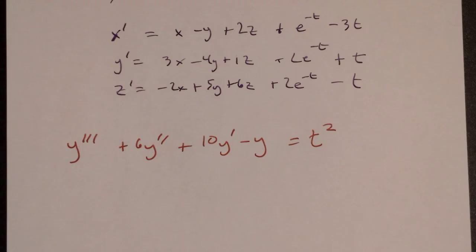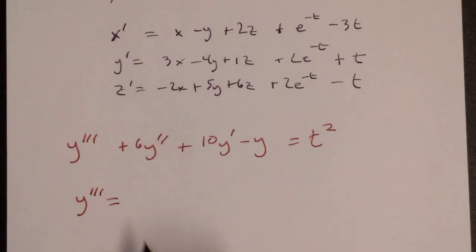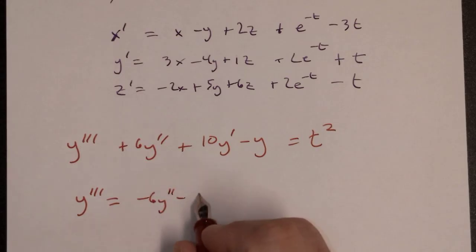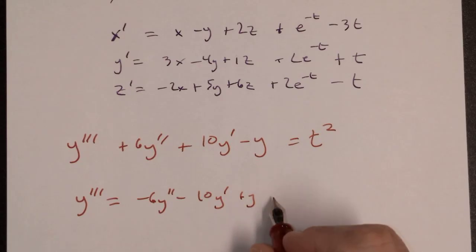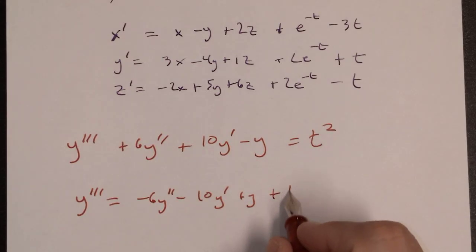It's got a third derivative in it. I don't need it. I want to rewrite this with the third derivative all alone. What's the other side? Oh, that's already on the other side. So it's plus.